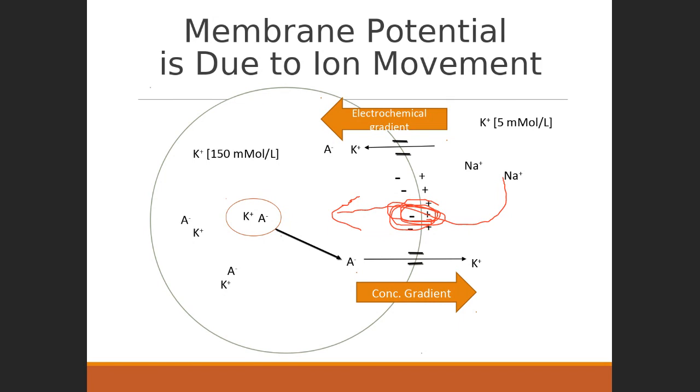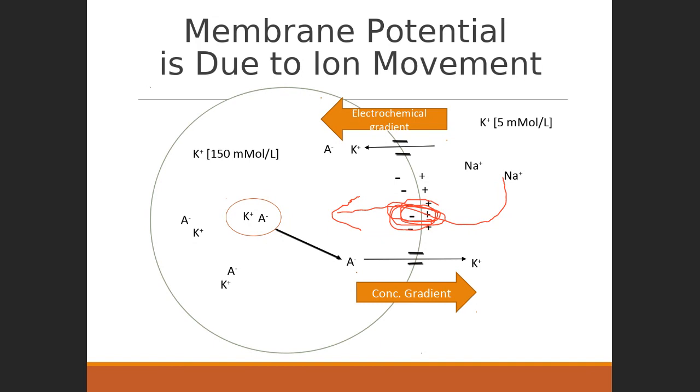Therefore, it would change the amount of voltage we're actually measuring. And that would be 100% correct. Whenever you see the voltage of a cell changing, that is directly due to some degree of transport of an ion back and forth across that membrane.